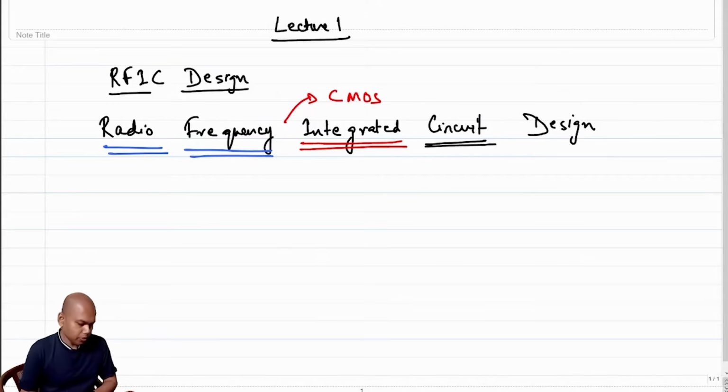So in this course, we will be particularly interested in learning about radio frequency CMOS integrated circuits, and not only learning, as in not only having a circuit and analyzing it, we will learn how to design these RF circuits from scratch.